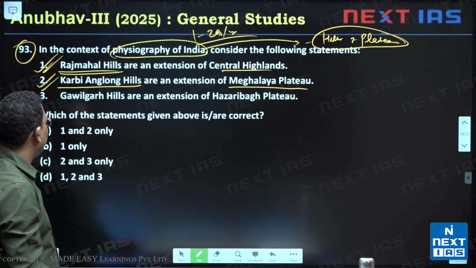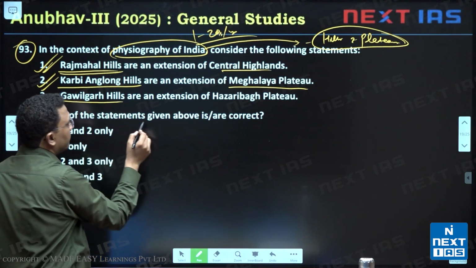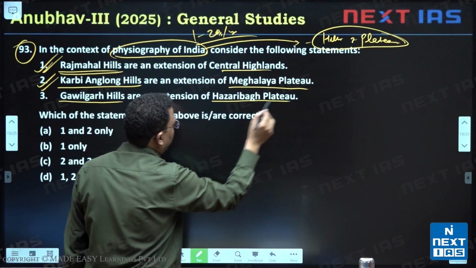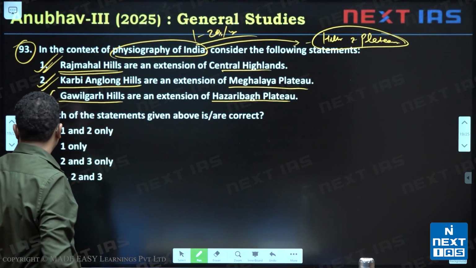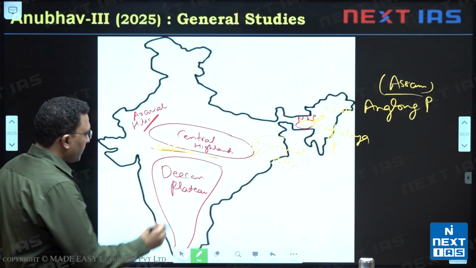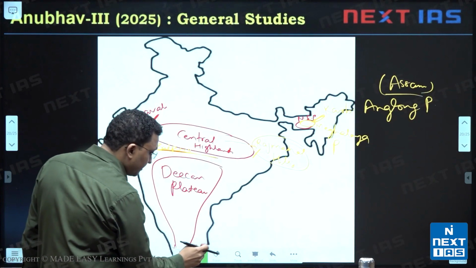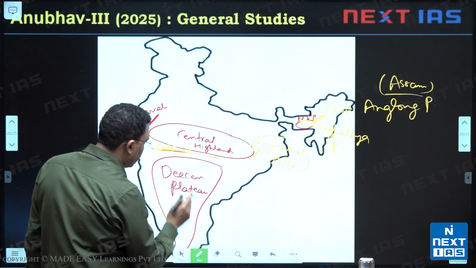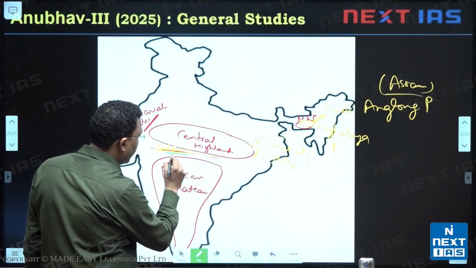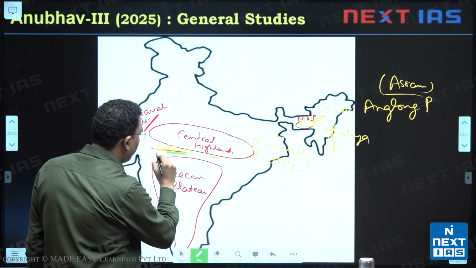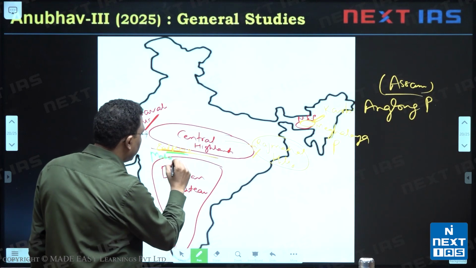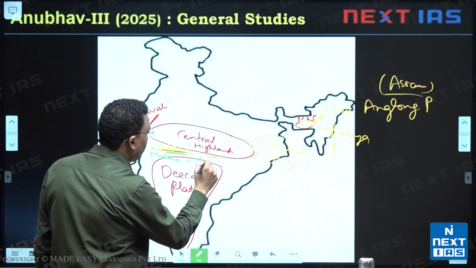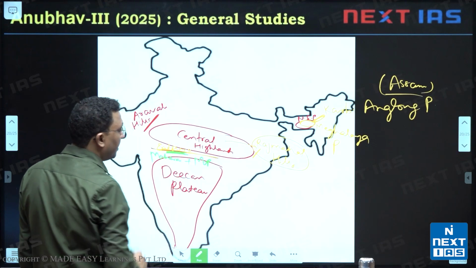The third statement given here is Gavilgarh Hills are an extension of Hazaribagh Plateau. This is not correct. If you see, Gavilgarh Hills are located somewhere here, right? They are spread over Maharashtra and Madhya Pradesh. This is Gavilgarh Hills.